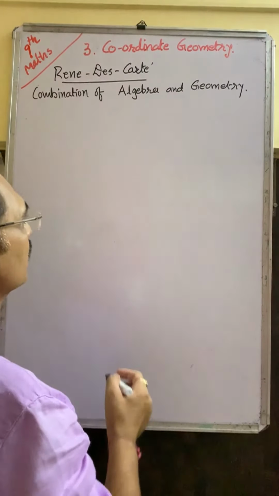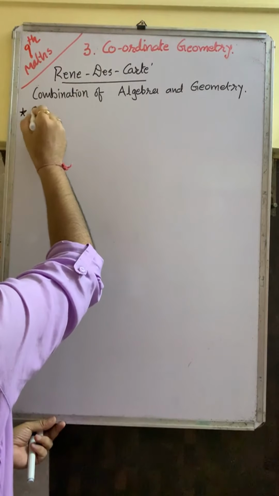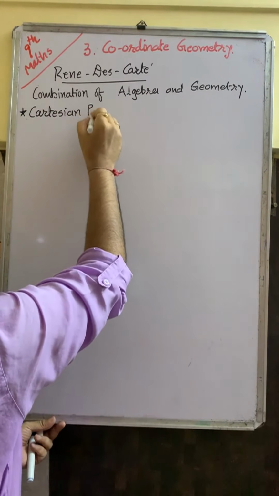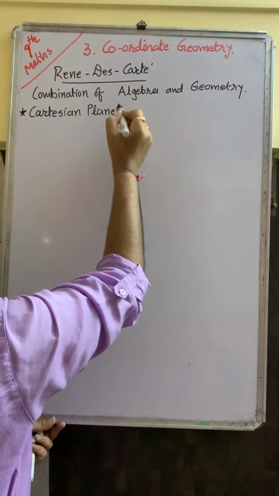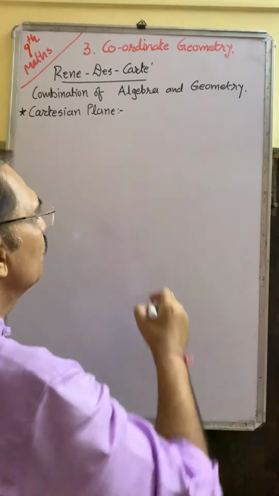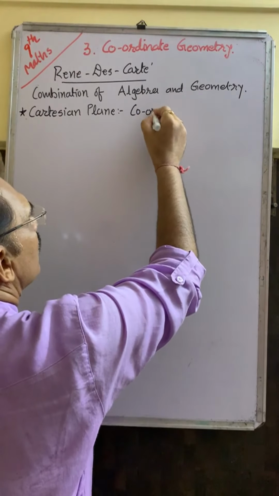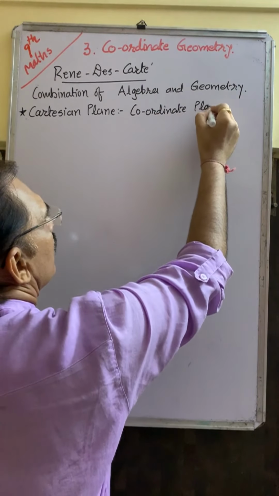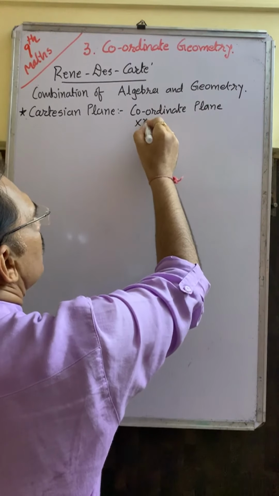So we start with Cartesian plane, which is also known as coordinate plane. It is also called XY plane.